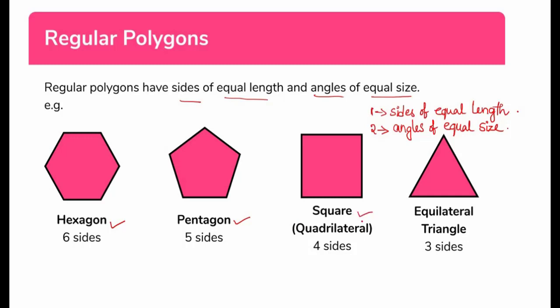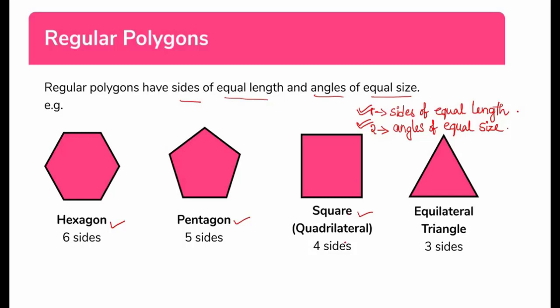Quadrilateral, example, only square. Rectangle is also a quadrilateral, but its sides are not equal. Only opposite sides are equal in a rectangle, but in a square all the sides are equal. To be a regular polygon, sides of equal length and angles of equal size should be there.